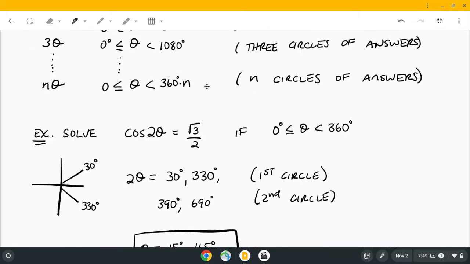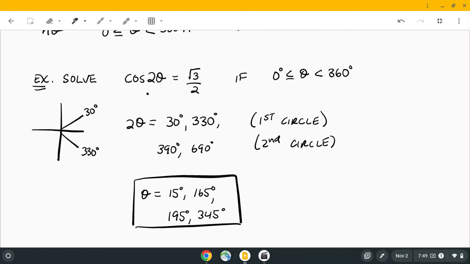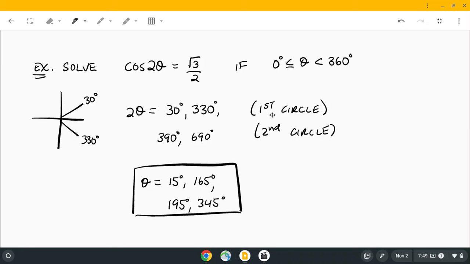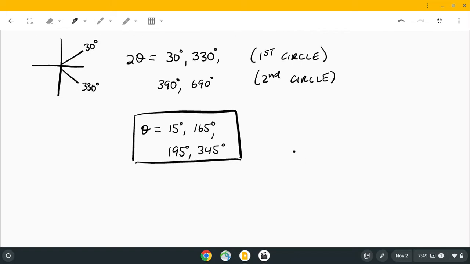But over here, we didn't have to worry about cosine of some other angle that's not 2 theta, so we just kept it. We didn't use the double angle formula. We just found 2 circles worth of answers and then solved for theta. All right, let's take a look at this next example.